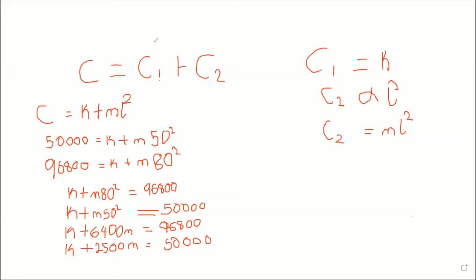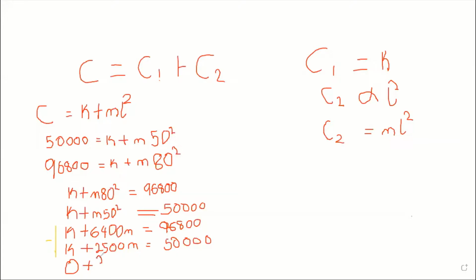So now, elimination method, you'll have to eliminate one, and I've decided to eliminate K because it's the easiest to eliminate. So you come aside and say you subtract here. And when you subtract, it will give you K minus K is 0 plus 6,400 minus 2,500 M will give you 3,900.